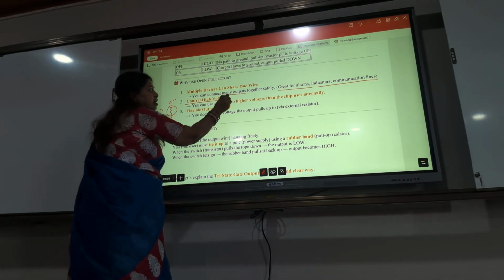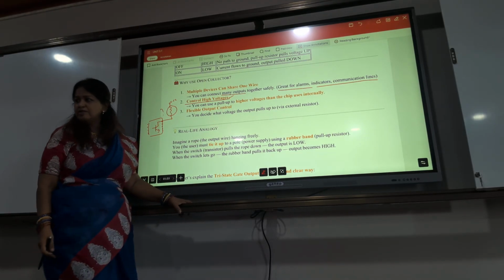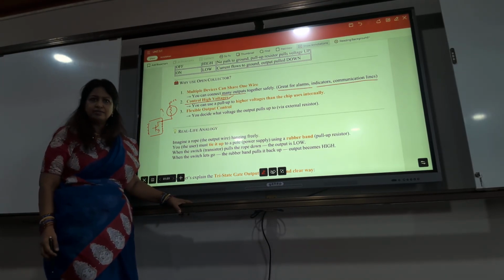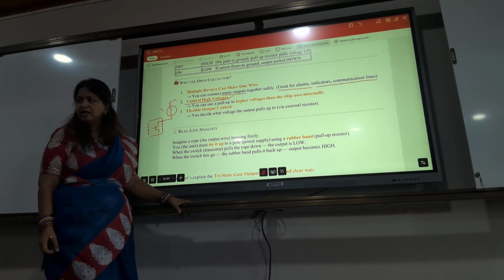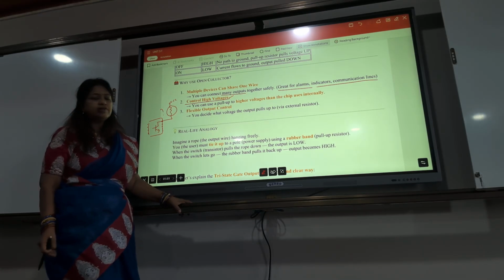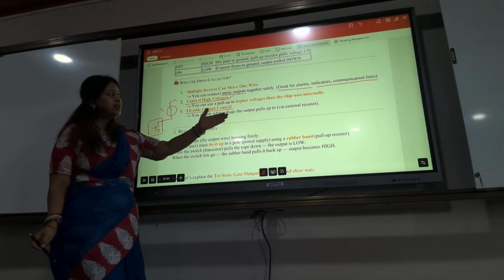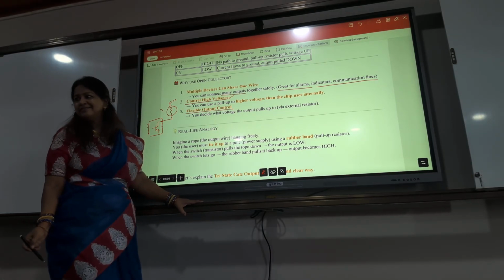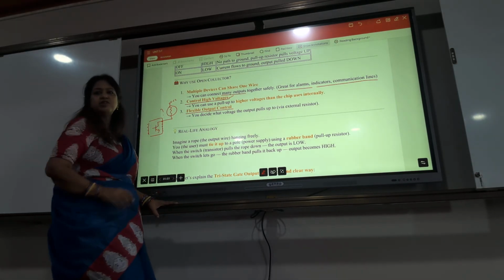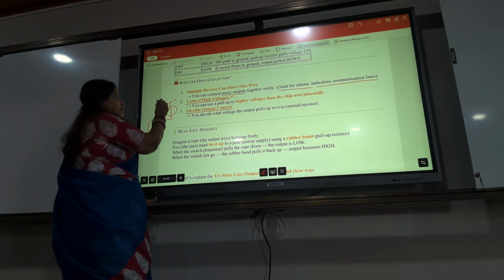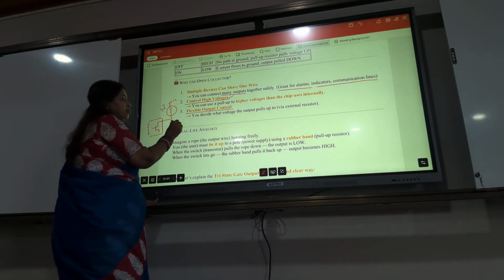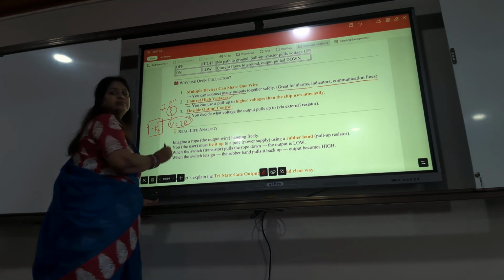So I can control high voltage. V equals IR. If R is high, I can control the high voltage. Then there is flexible output control, so you decide what voltage the output should have. What should be the drop across this resistor? There will be a current output and V equals IR.